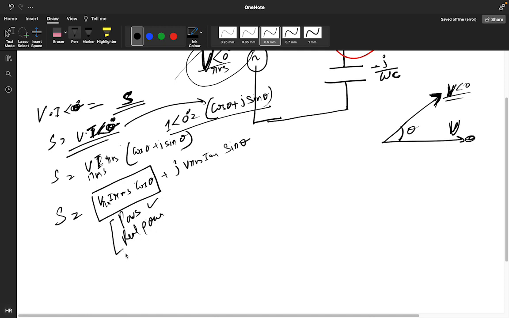Average power, real power. This is not reactive power. And this is your reactive power.